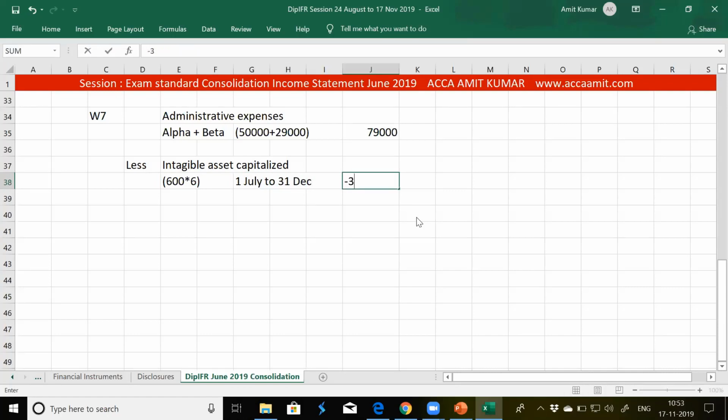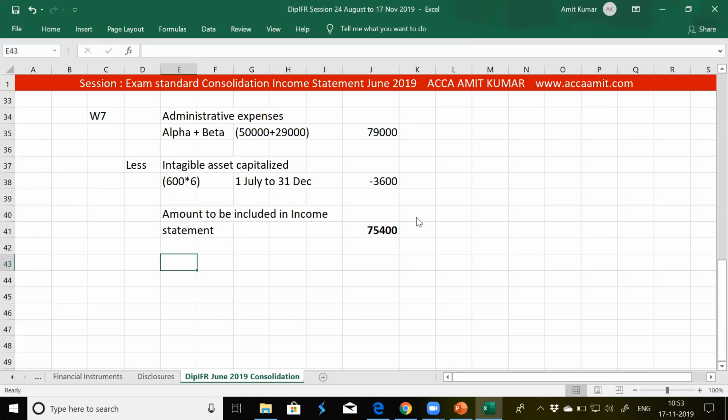We'll remove 3600 from it, to get the amount to be included in P&L, in the income statement. For administrative expenses, it will be 79,000 minus 3,600. So we'll include 75,400 as the amount to be included as part of the income statement.